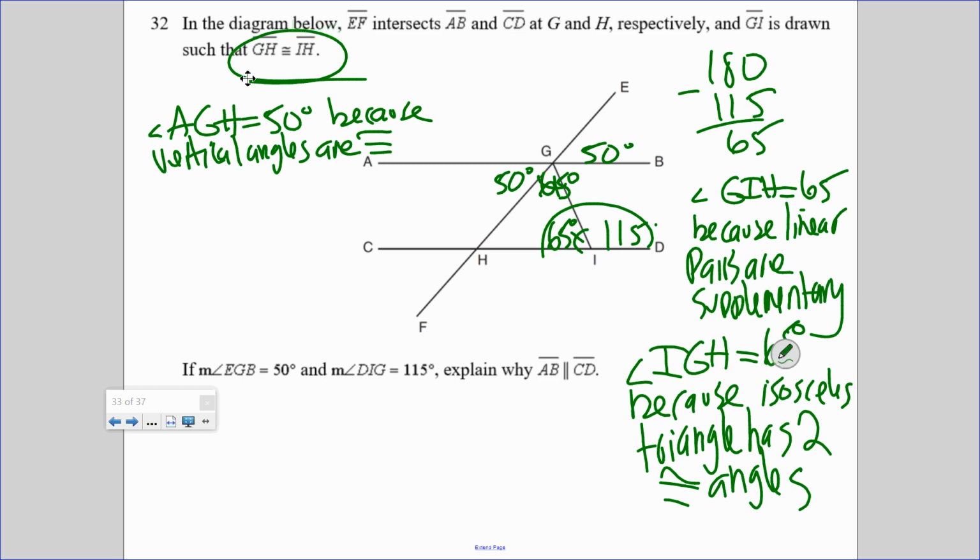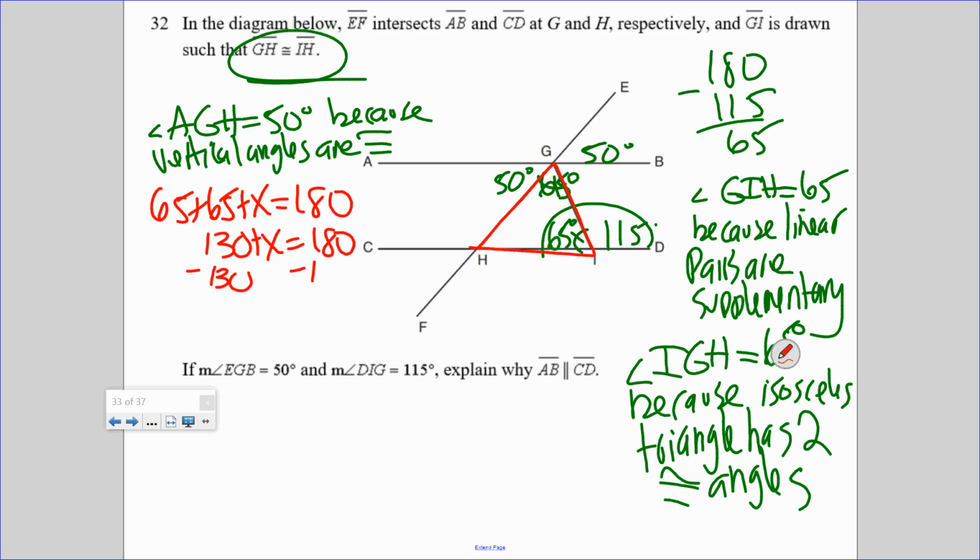And now, because I have two angles of a triangle, I can find this third angle. 65 plus 65 plus x equals 180. 130 plus x equals 180. Minus 130, x is 50.